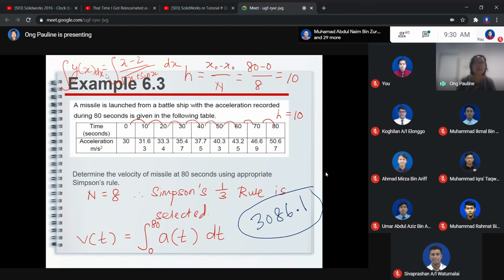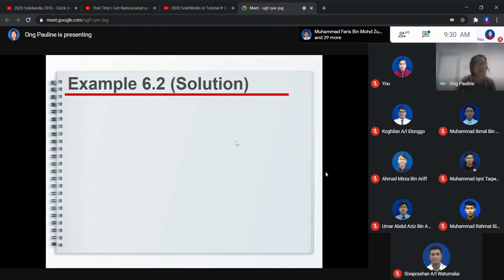Okay. And another use of numerical integration is when we do not know the function. You don't know what this function is. Okay, but you have been given a table with the discrete data points. So we still can make use of numerical integration here. Okay, so let me go back to the previous example here.